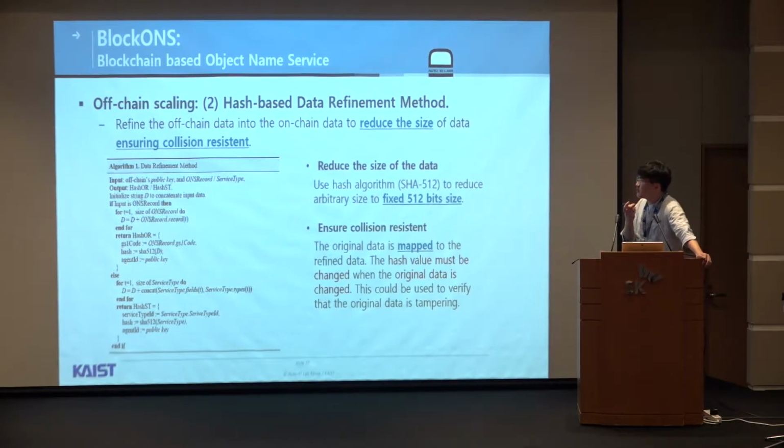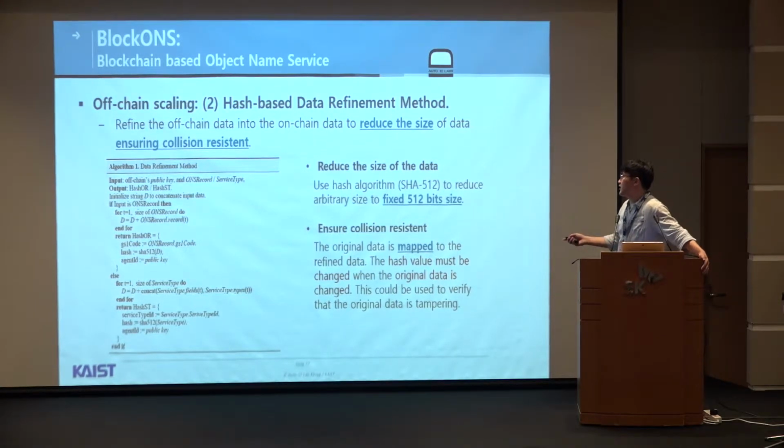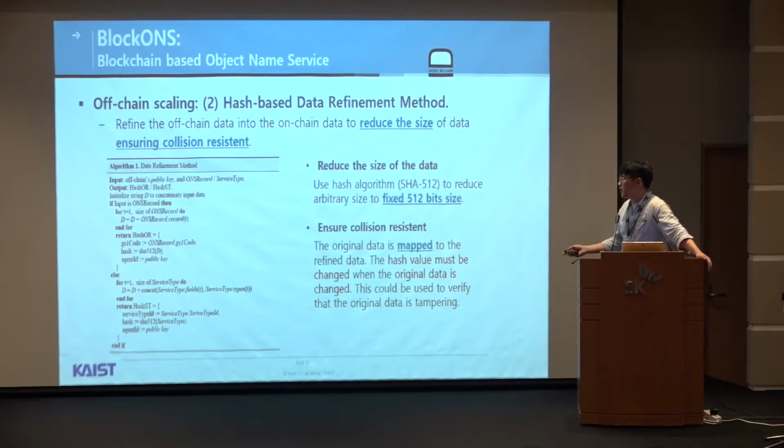The second one is we have to refine the off-chain data into the on-chain data, reduce the size of data, and ensure collision resistance. So we use a hash algorithm to reduce the arbitrary size of the original data to a fixed size of critical data, and we also ensure collision resistance.